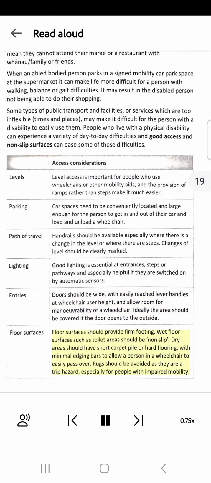Wet floor surfaces such as toilet areas should be non-slip. Dry areas should have short carpet pile or hard flooring, with minimal edging bars to allow a person in a wheelchair to easily pass over. Rugs should be avoided as they are a trip hazard, especially for people with impaired mobility.